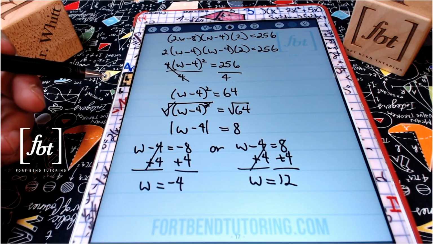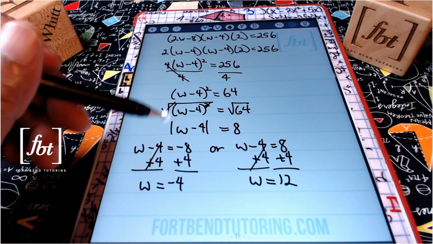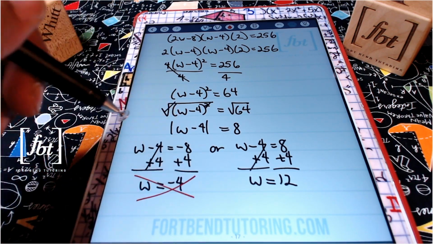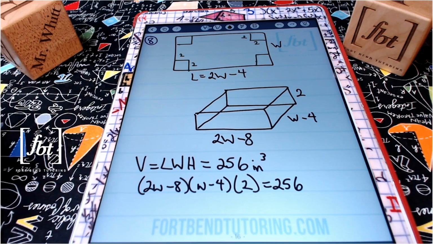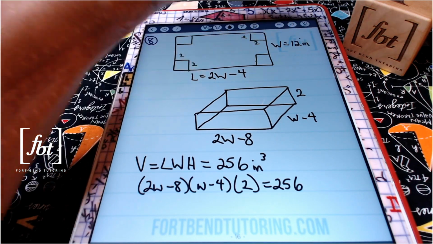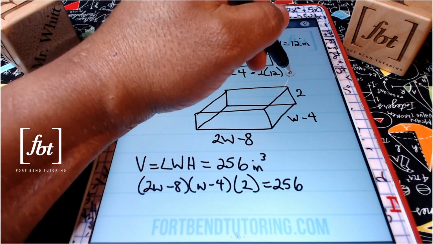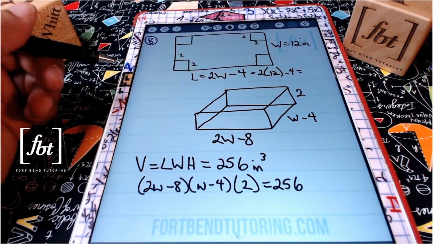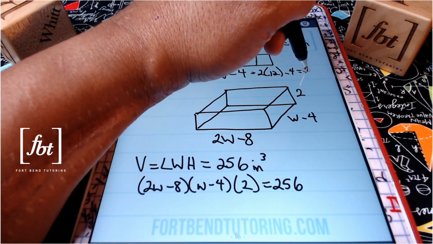All right, we want to keep in mind that these are the dimensions to a rectangle, talking about that original sheet of metal. And we're not going to have negative lengths here. So that means that the value of -4 is extraneous. We'll be keeping the width of 12. So looking back at our original diagram, the width is going to be 12 inches, and the length is going to be 2 times 12 minus 4, and 2 times 12 is 24, and 24 minus 4 is 20 inches.